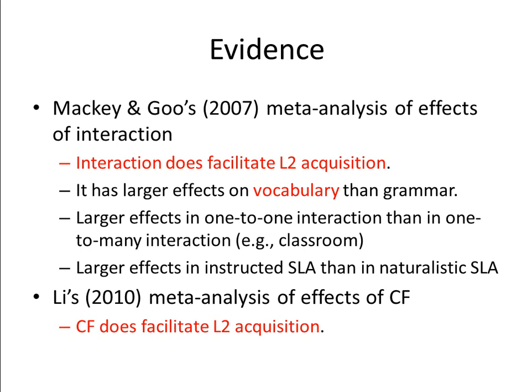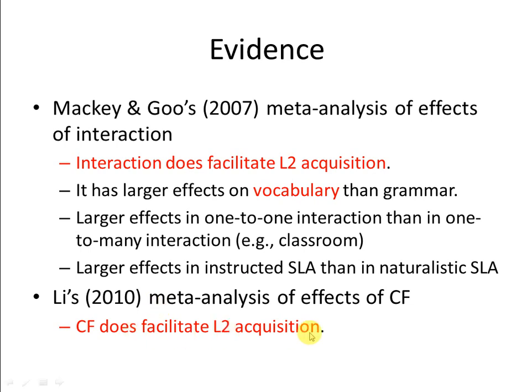And also, it has larger effects in one-to-one interaction than in one-to-many interaction, as in a classroom. And interaction has larger effects in instructed second language acquisition than in naturalistic second language acquisition. And also, corrective feedback does facilitate second language acquisition.